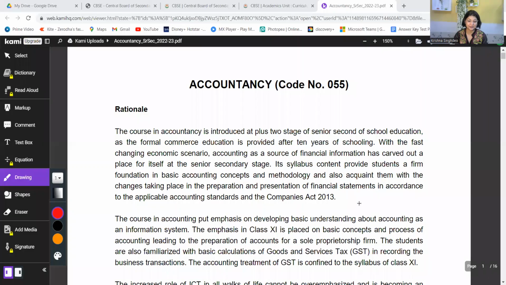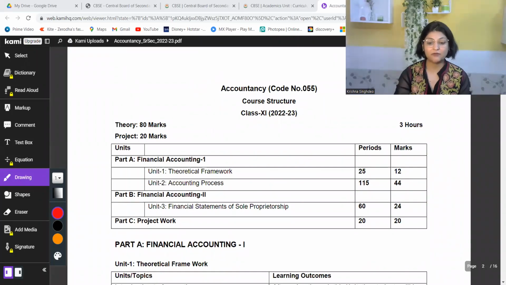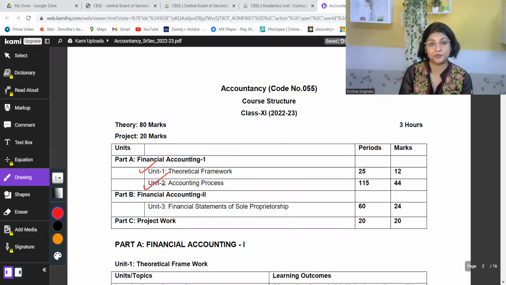Here on your screen, you can see, I think you can see, yes, this is the portion for CBSE board. Your whole syllabus is bifurcated into 3 units. What are these 3 units? Number 1 is financial accounting, and inside this you have 2 units, part A: theoretical framework and accounting process.